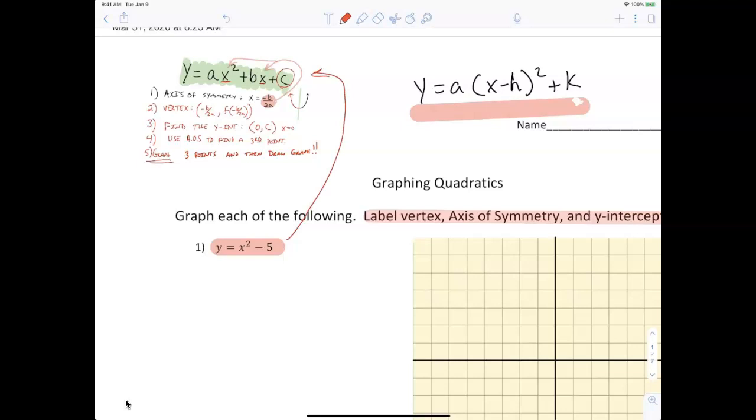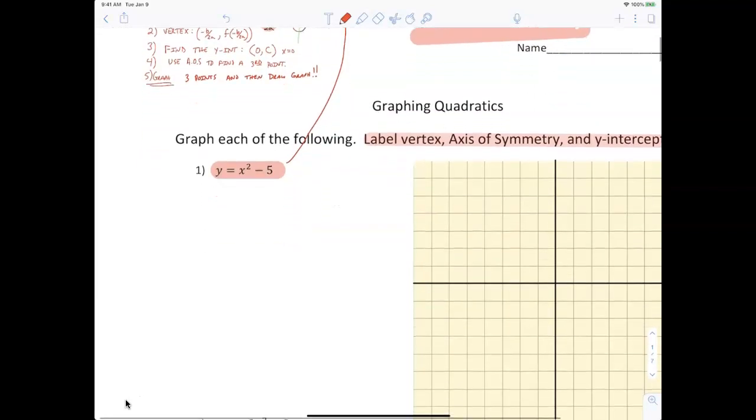But to me, it's easier to recognize this is a quadratic that has been shifted down 5 units.